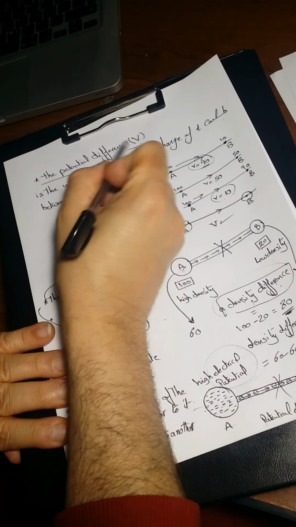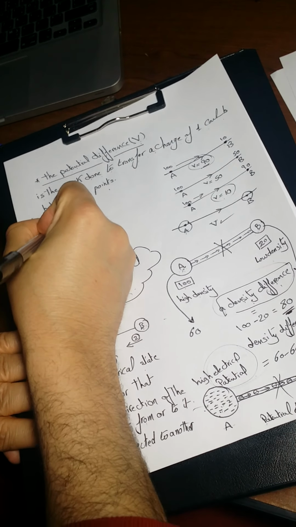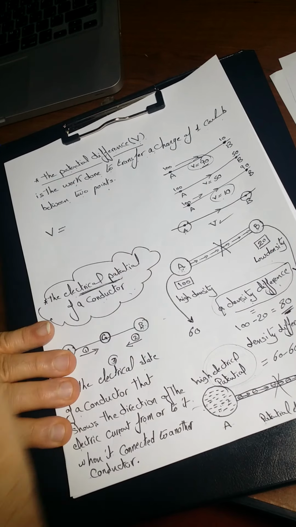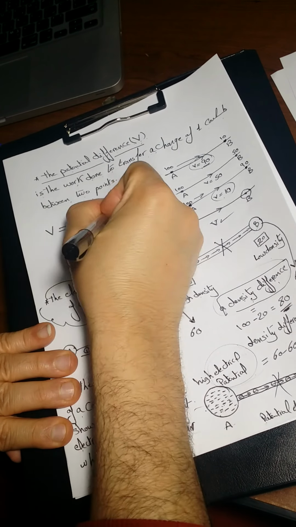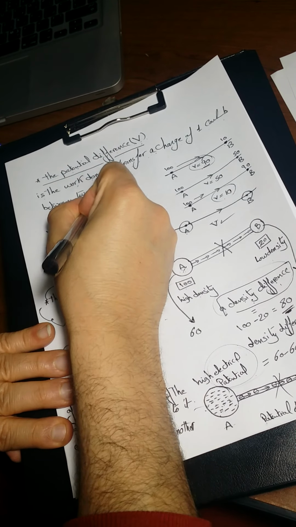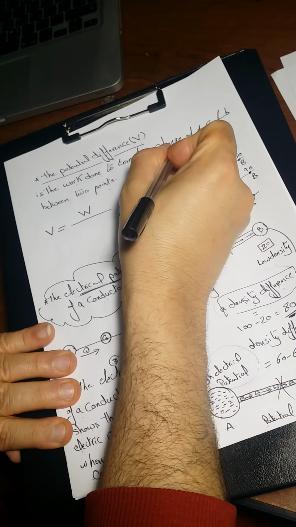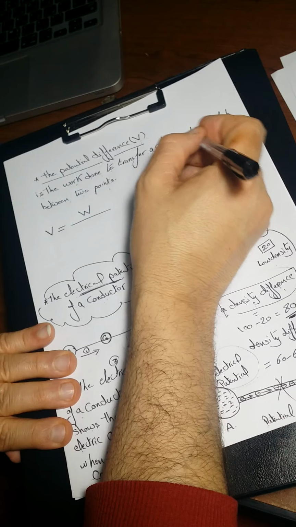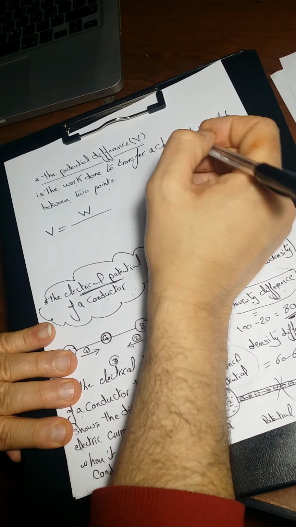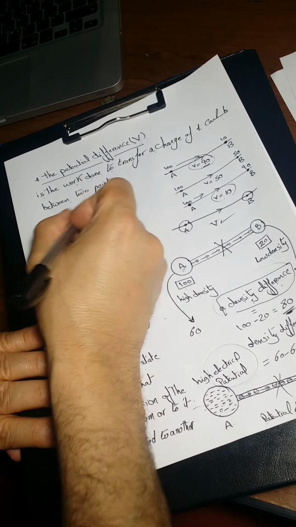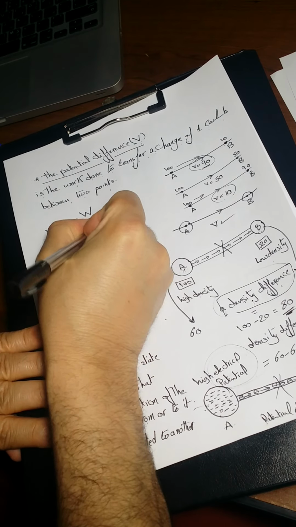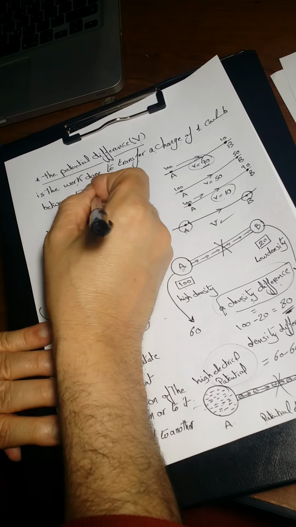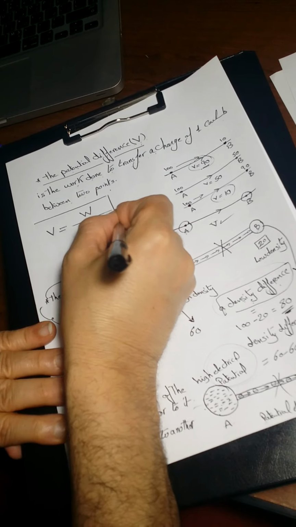Here, the potential difference V equals the work done, which is symbolized with W, to transfer a charge of 1 coulomb between 2 points. By the way, the charge of 1 coulomb means the quantity of electric charges, which is symbolized with Q. It means V equals W over Q.